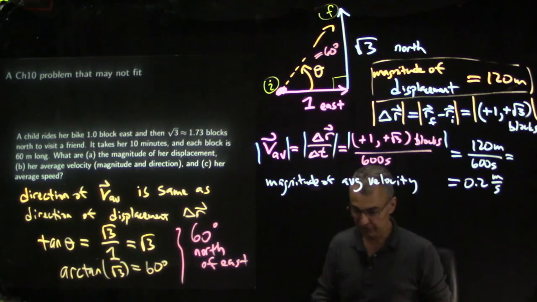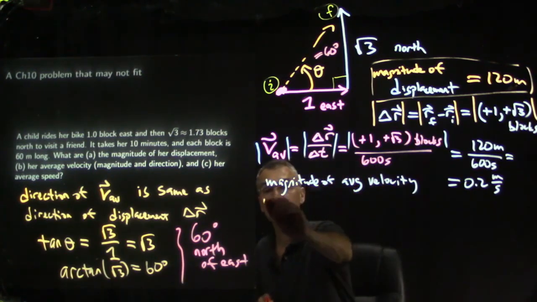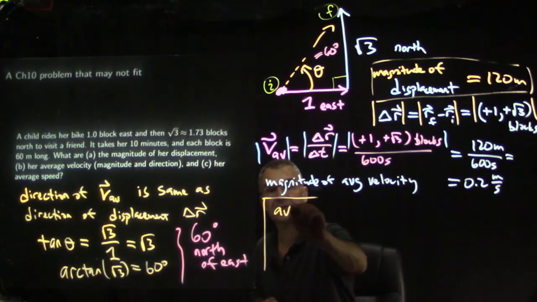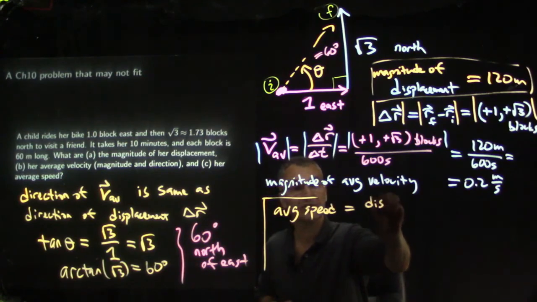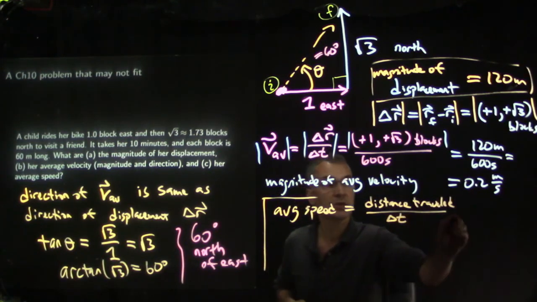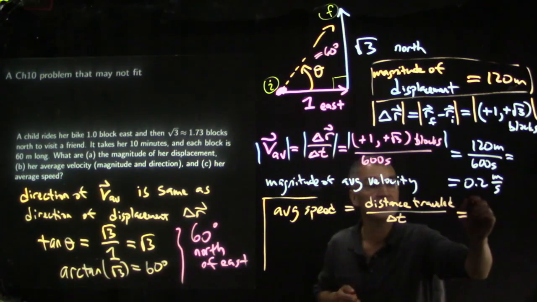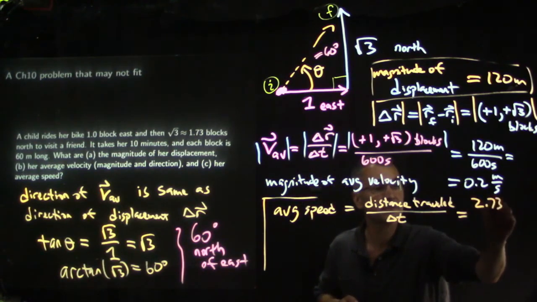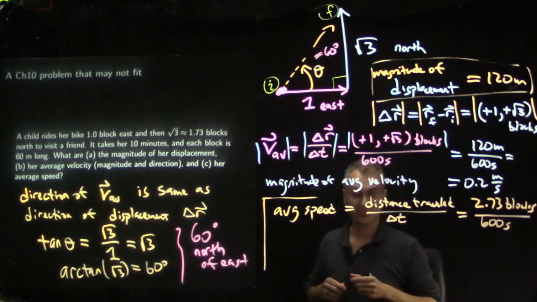What is her average speed? Well, her average speed is the distance traveled divided by the elapsed time. What is the distance traveled? It's 2.73 blocks, right? This is one block, that's 1.73 blocks. So this is 2.73 blocks divided by 600 seconds, which is 10 minutes.